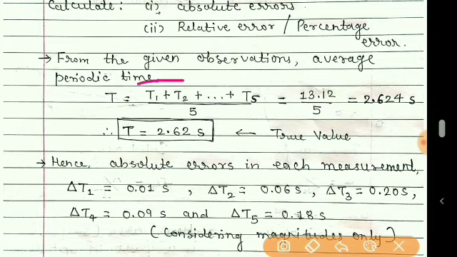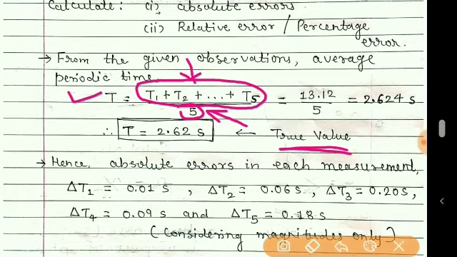We have to add all the observations and divide by the number of observations. So the number of observations is 5. So I have divided by 5 and I'll add these 5 observations here. That will give you the mean value or the average value of periodic time, and that can be considered as a true value.